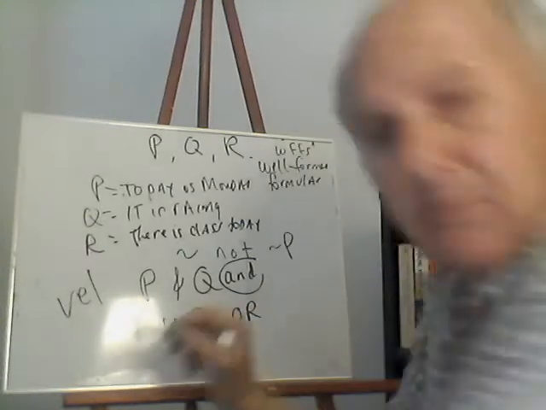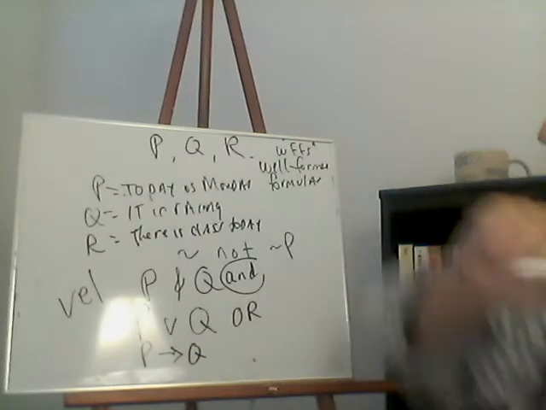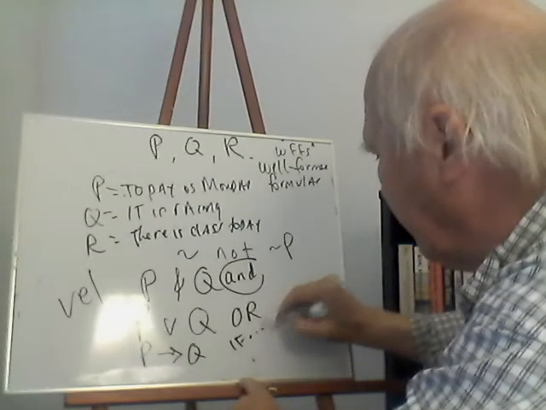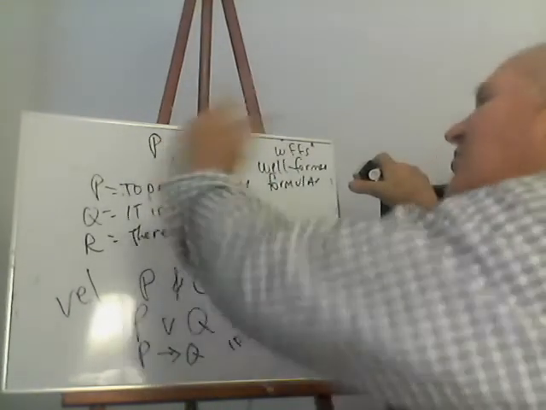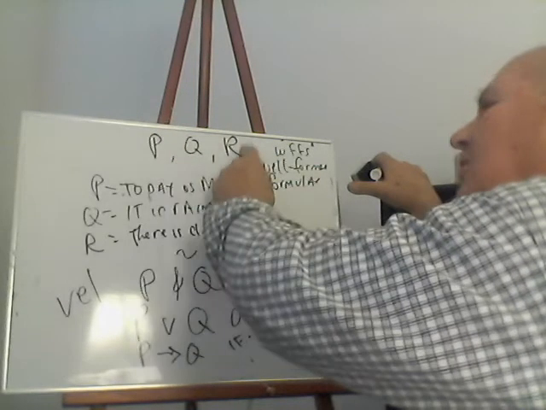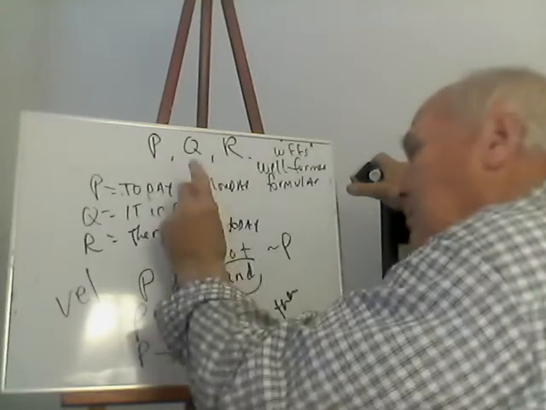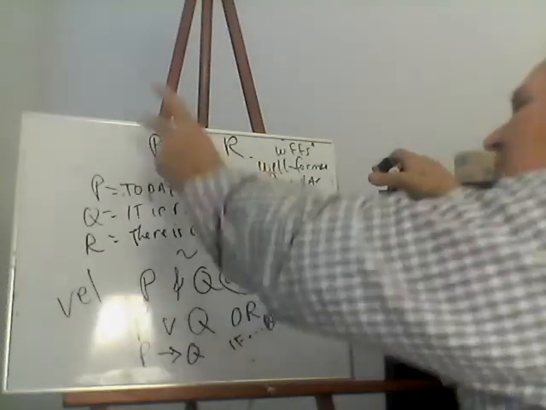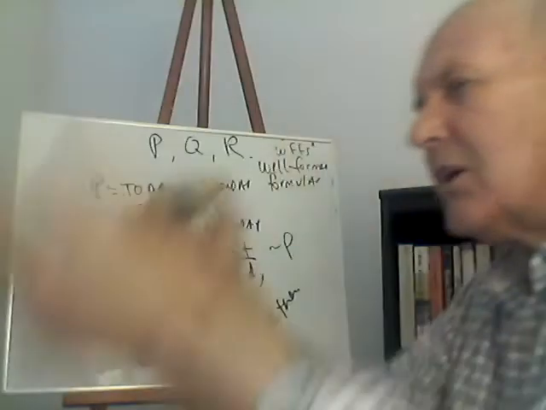And then we can use the arrow. This means if P, then Q. So the arrow is if, then. Okay, so basically the idea is this. In propositional logic, the simplest statements are P, Q, and R. From those simple statements, or from those atomic, because they're the atoms out of which all the other sentences are going to be made, from these atomic WFFs, or well-formed formulas, all the other statements are made, but they have to be made following the rules.